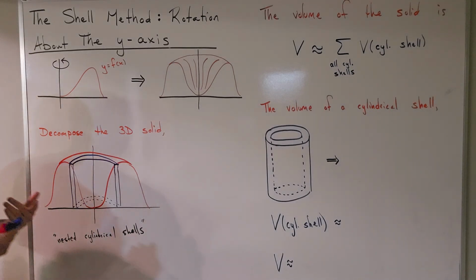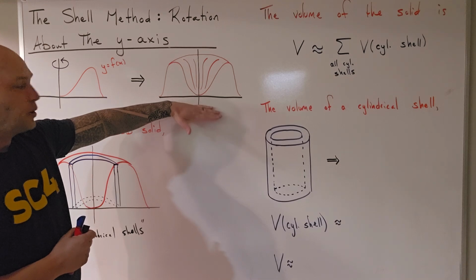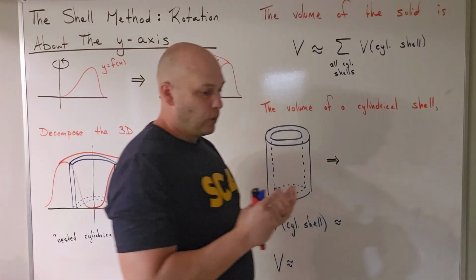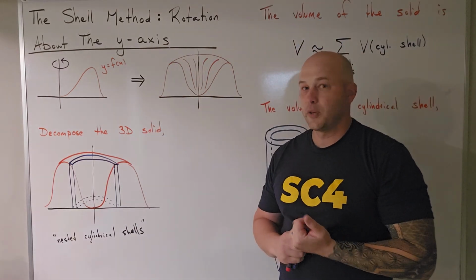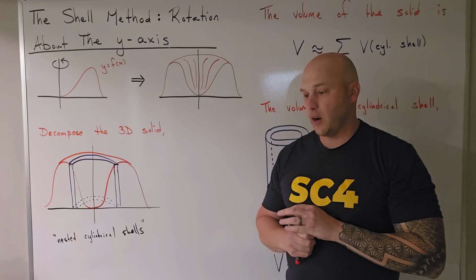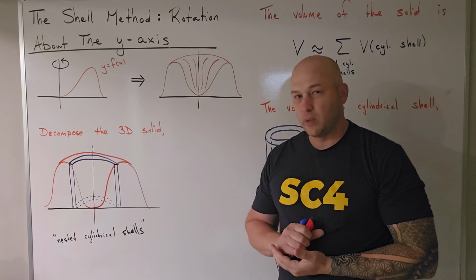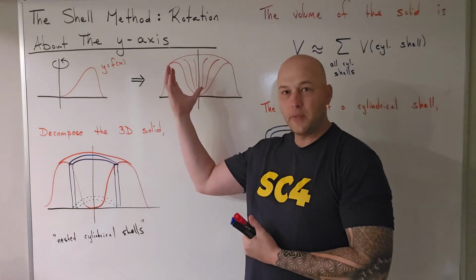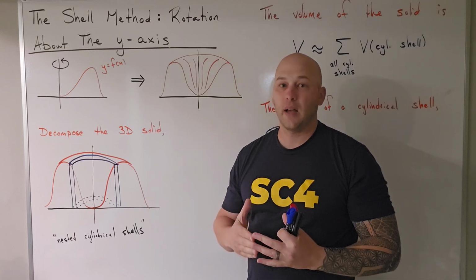Well, what I want to do is create a formula to compute the volume of this. Think back to area under a curve or other geometric formulas for area and volume. If I want to use an integral to compute that, I have to take this complicated geometric object and decompose it into simpler geometric objects.